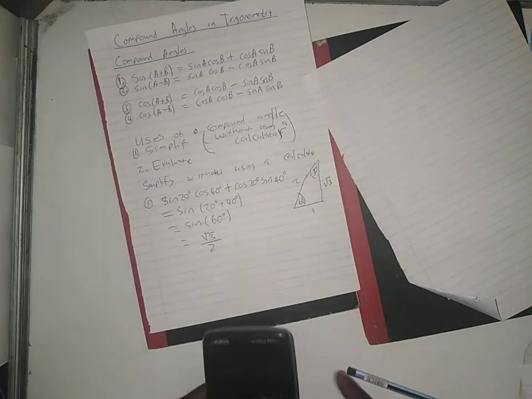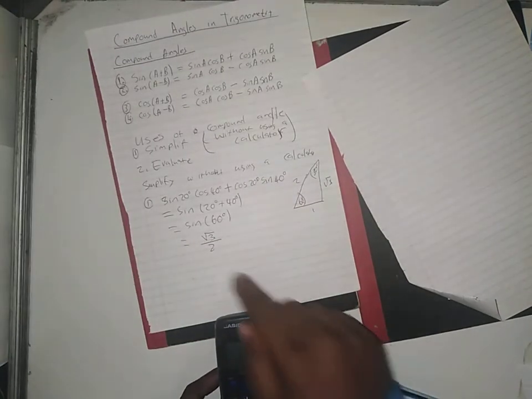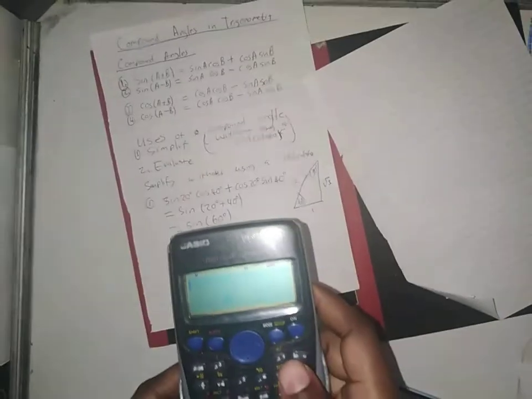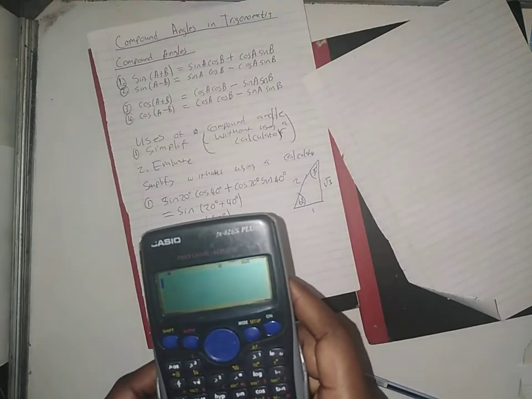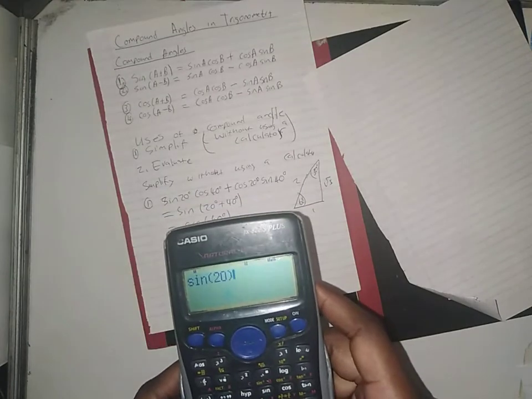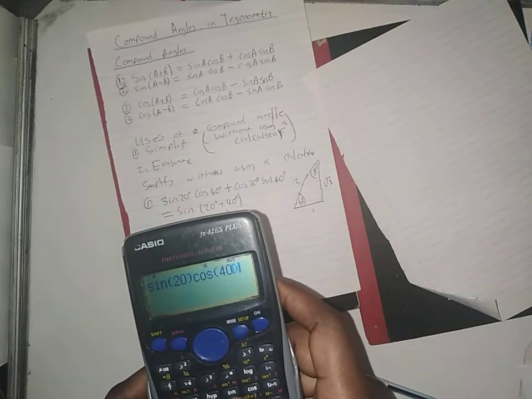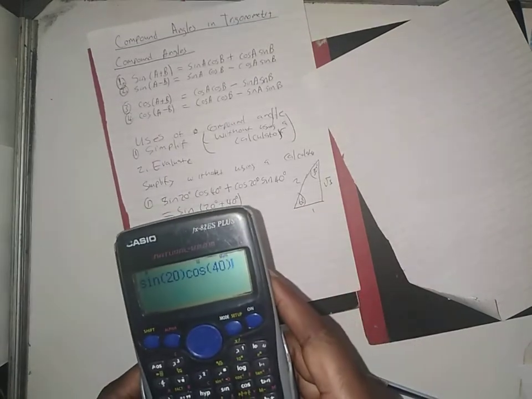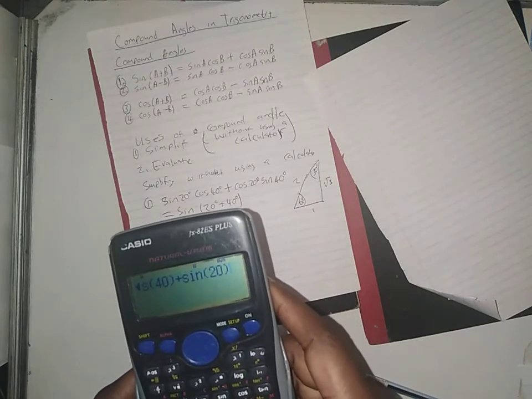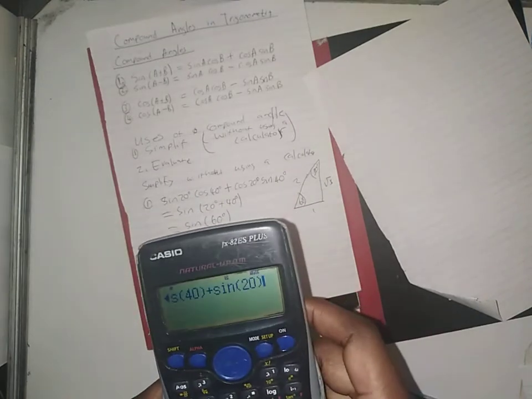But one other person can say to me, Mkondisi, but maybe you are wrong. Is this really true? Okay, let's check using a calculator. Let's simply put this as it is on the calculator and see what we get as a final answer. So it's sine 20 degrees, close bracket, and then cos 40 degrees, close bracket, and then plus, oh no, it's not sine 20 degrees, it's cos 20 degrees.